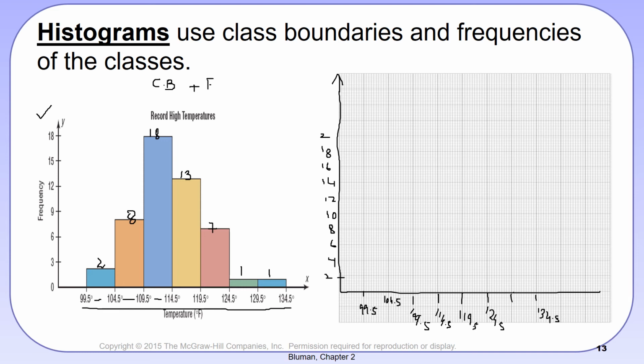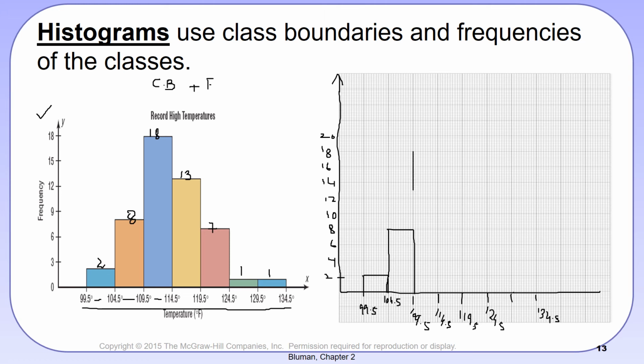From 99.5 to 104.5 the frequency is 2, so we draw the first group like this as a vertical bar. The next frequency is 8, so draw the next bar, then the next frequency is 18.